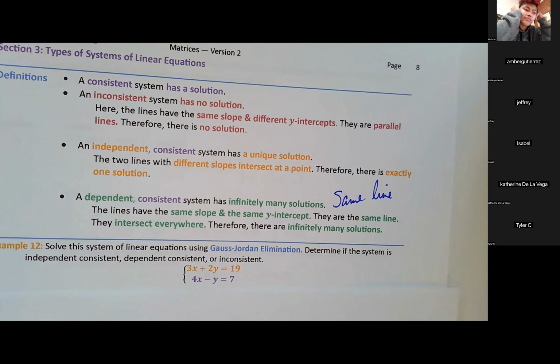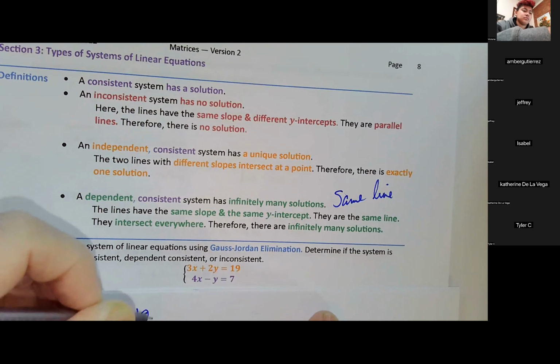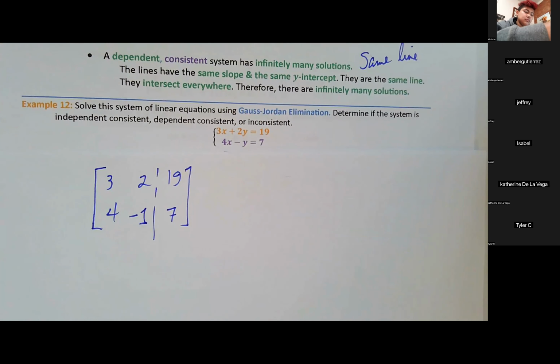And let's start out. So we have 3, 2, 19, 4, -1, 7. And what's our first goal?